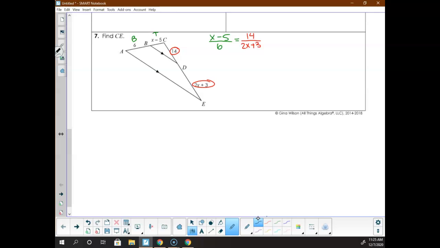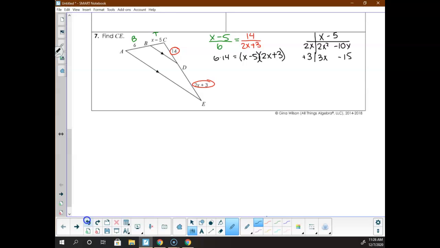Okay, so we're going to cross multiply, and I get 6 times 14 equals x minus 5 times 2x plus 3. Now I can do my little foiling. So I've got 2x squared minus 10x, plus 3x, and a minus 15.